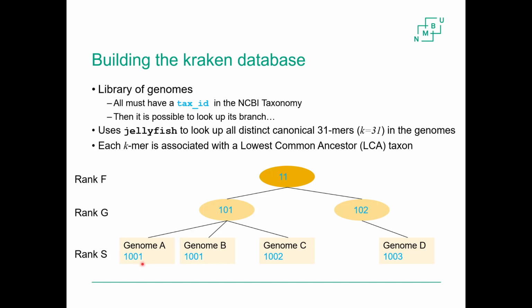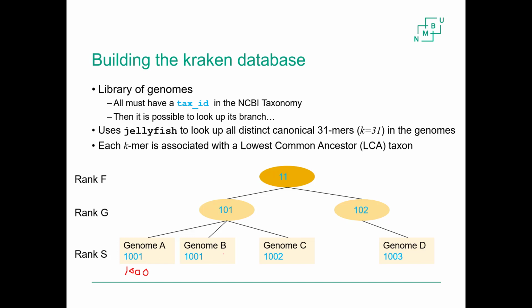So let's say from scanning this genome, we have collected 1,000 k-mers. Of course, much more than that in a genome, but let's think in those terms now. So we have 1,000 k-mers here associated with this tax ID 1001. Okay, done with genome number 1.